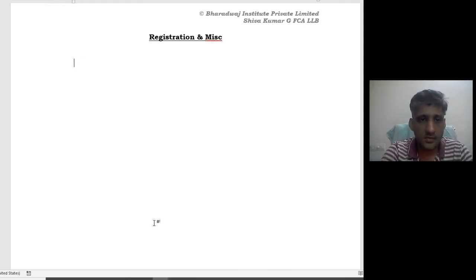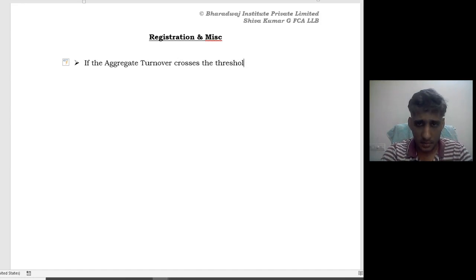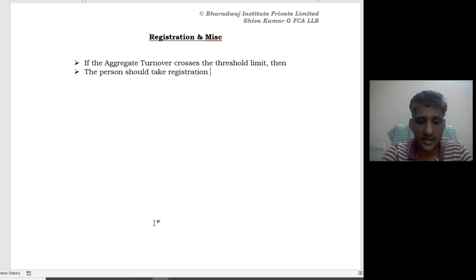If the aggregate turnover crosses the threshold limit, then the person should take registration in each state from which he undertakes supply.